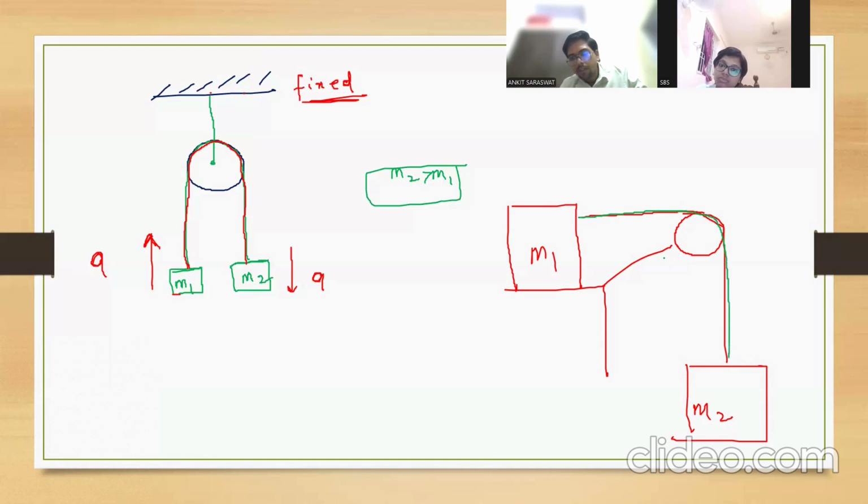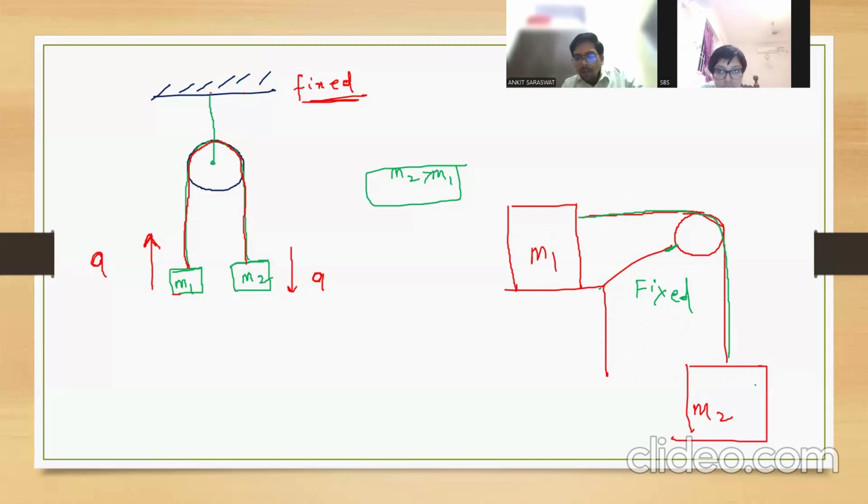The pulley is fixed from here. The body is moving along a string. If this block is going down, then the string is also going down. If this block is moving in the right direction, this string is also going in the right direction, then the bodies are moving along a string.